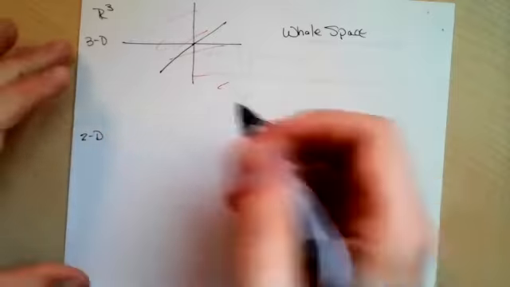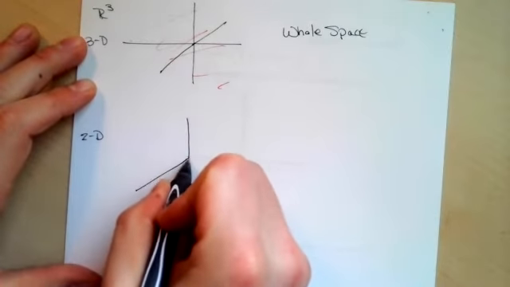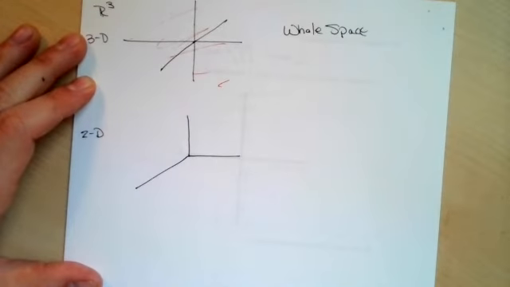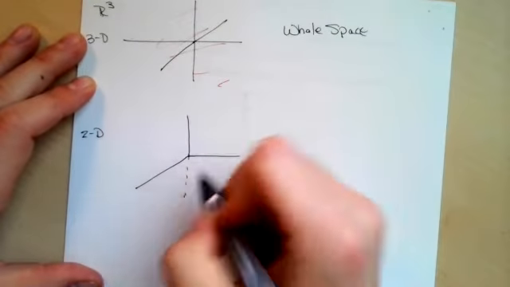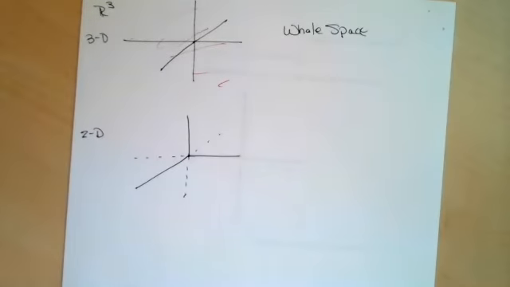Well, now what do we want to look for? We want to look for planes, but now planes sitting within 3-dimensional space. So a two-dimensional vector space within a three-dimensional vector space is going to be a plane. A two-dimensional vector space in any vector space of dimension bigger than 2 is going to be a plane.